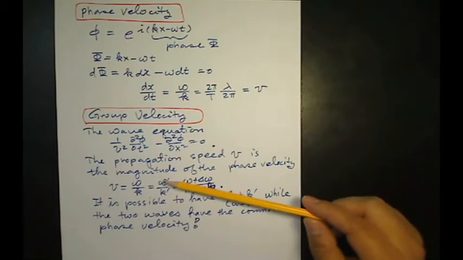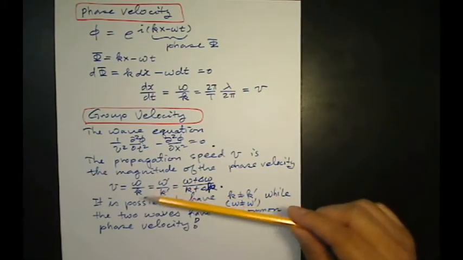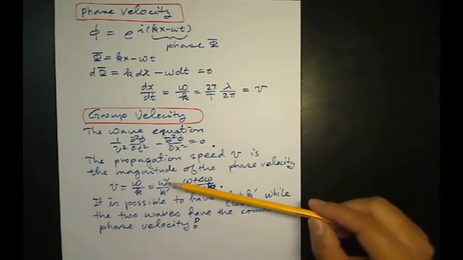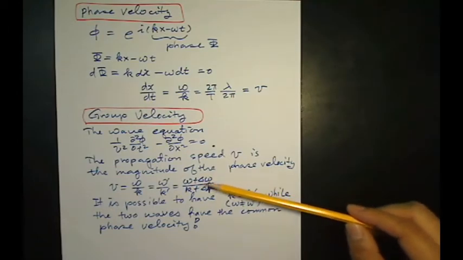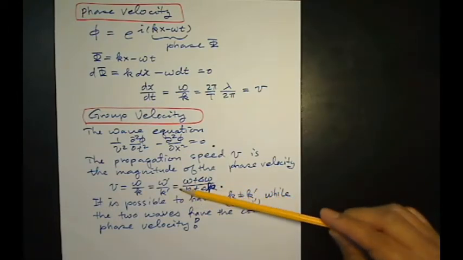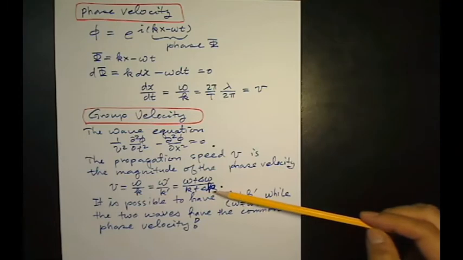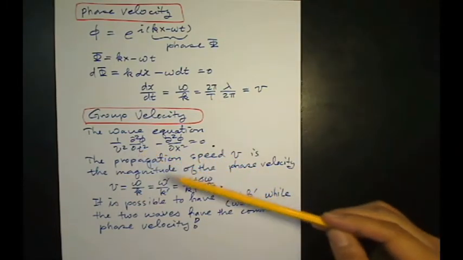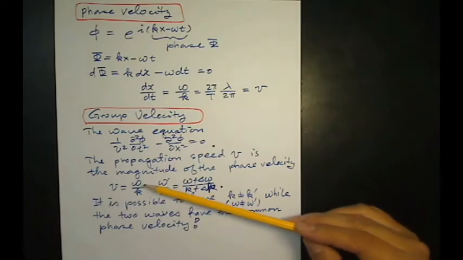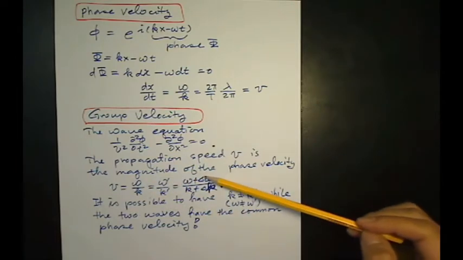That means if I have some slight change from omega, then omega prime should be omega plus delta omega, and k prime should be k plus delta k. Indeed, although the speed of propagation is the same, we are allowed to have different omegas.